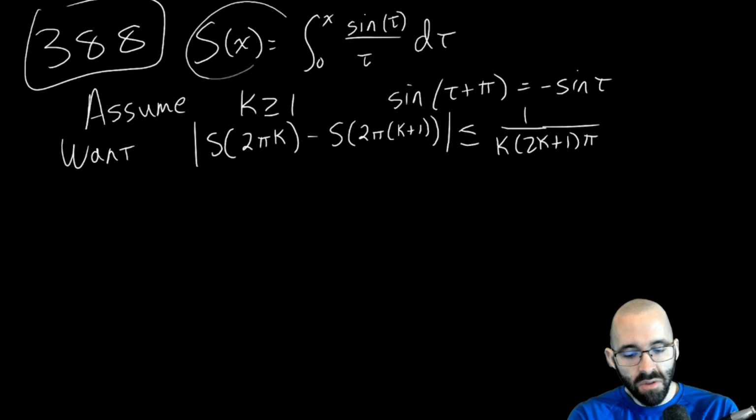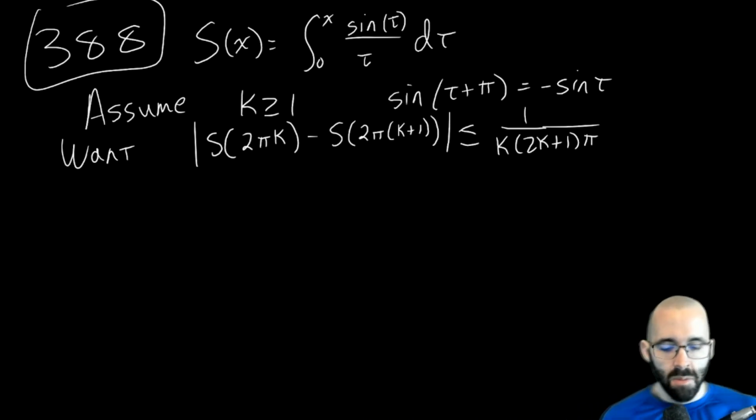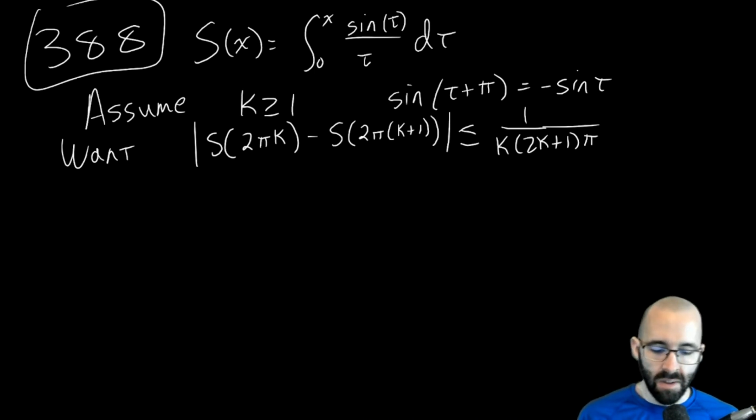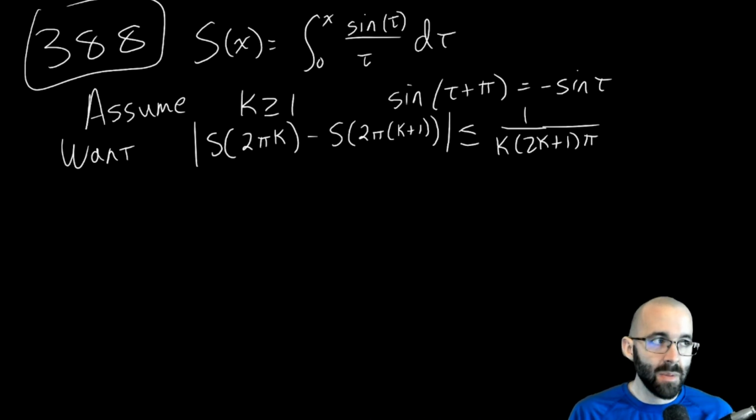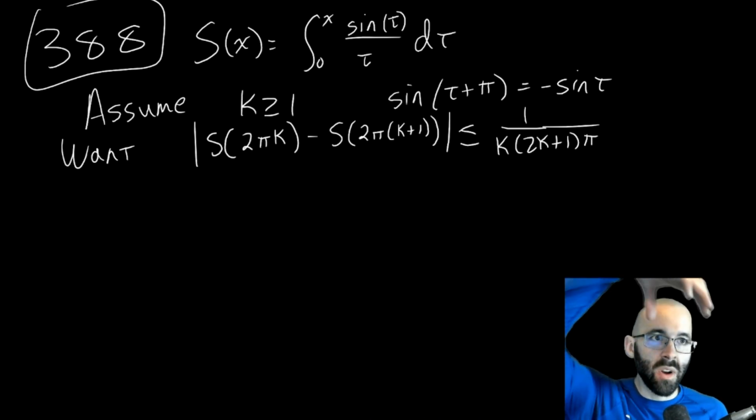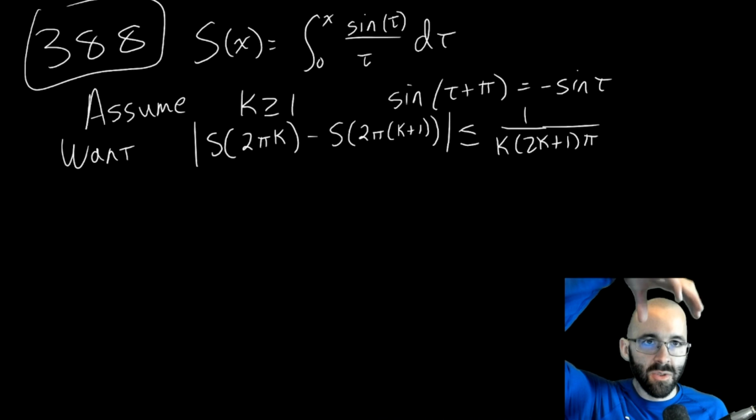So the whole function's not periodic. But eventually, this is going to be talking about the area of that period from 2 pi k to 2 pi (k plus 1).